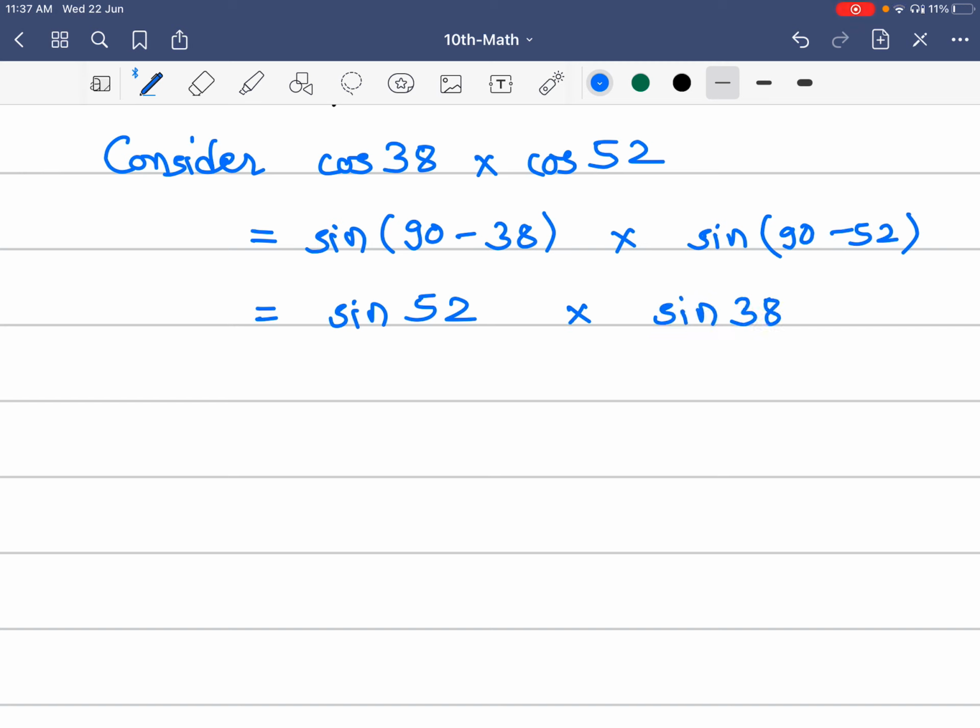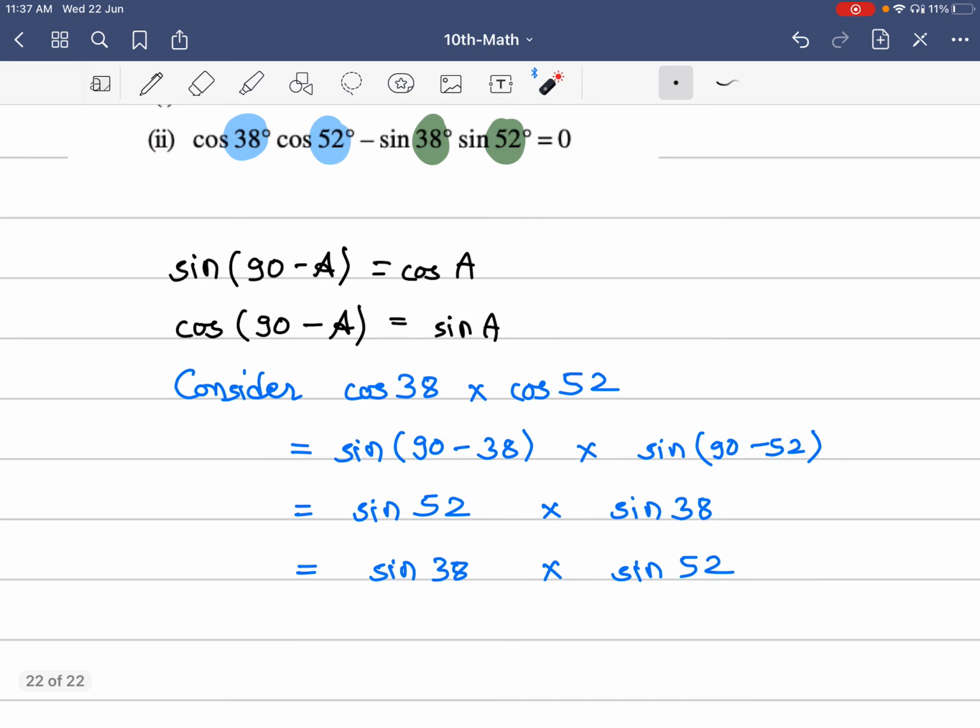So this term cos 38 into cos 52 has in fact got evaluated to sine 52 into sine 38. I can just rearrange this term and write sine 38 into sine of 52, since multiplication of a into b is equal to b into a, it doesn't matter. So cos 38 into cos 52 is equal to sine 38 into sine 52.